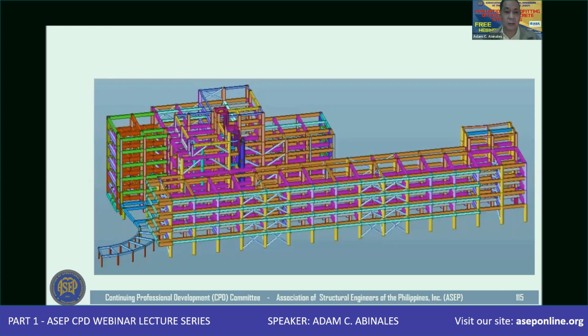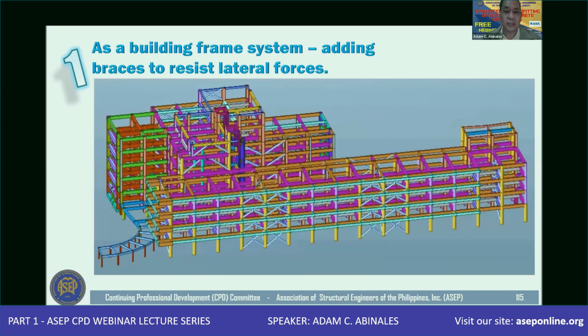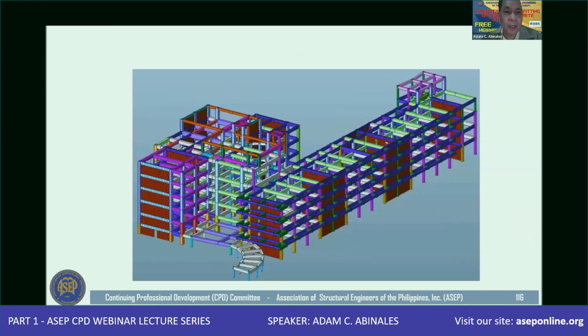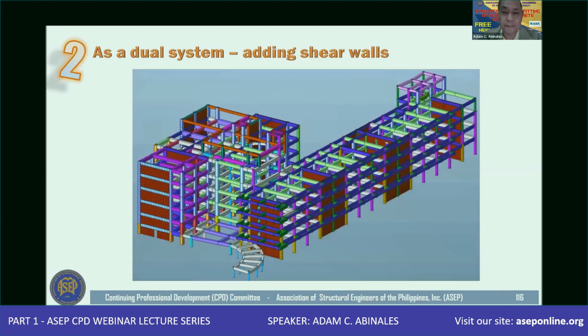So this is now the first scheme, as a building frame wherein we add braces to resist the lateral forces. That is scheme 1. Then the second scheme is a dual system wherein we provided shear walls. So you will see the shear walls in this direction and the shear walls in this direction.